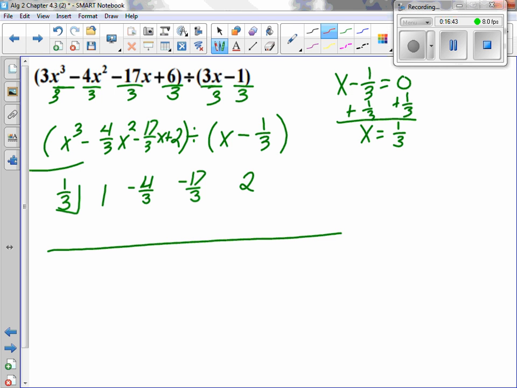Then what would we do next? We would drop the 1. And now we would multiply. So what is 1/3 times 1? 1/3, yes?